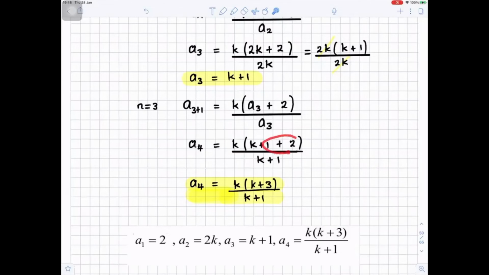So 1 plus 2 gives you 3. So your answer is k bracket (k plus 3) over (k plus 1). And that is a4. So the four terms are a1 is 2, a2 is 2k, a3 is k plus 1, a4 is k bracket (k plus 3) over (k plus 1).